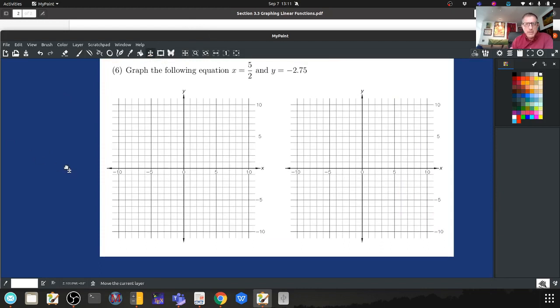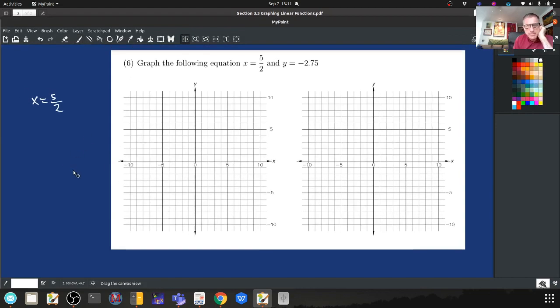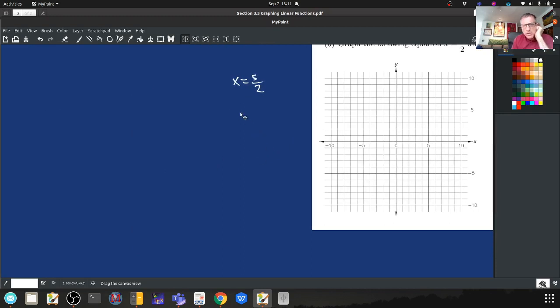So x is equal to 5 halves. When I say x is equal to 5 halves, then I already know that I have a vertical line. So here it is kind of good to know where 5 halves is. Well, you should know that this is equivalent to x is equal to 2.5.